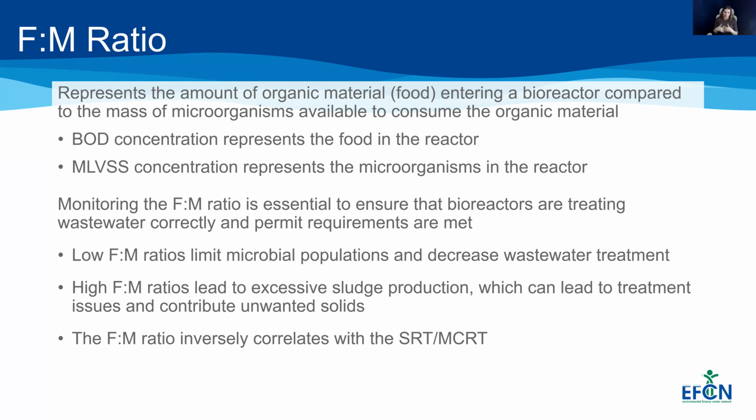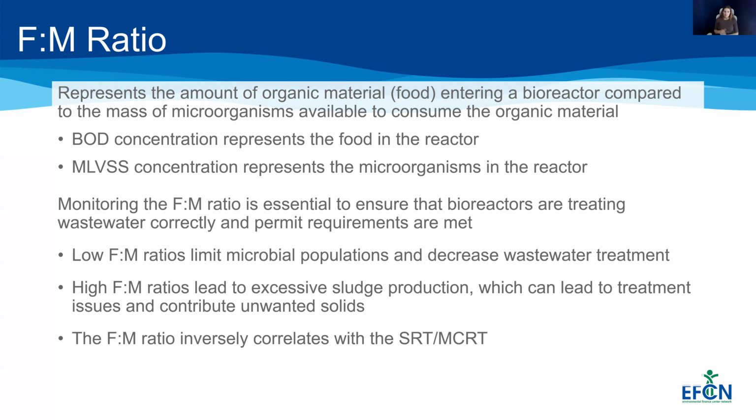Now, a low F to M ratio tends to limit the microbial populations and decreases our wastewater treatment, while a high F to M ratio tends to lead to excessive sludge production. Our microbes will grow out of control and can also lead to treatment issues and create more unwanted solids.